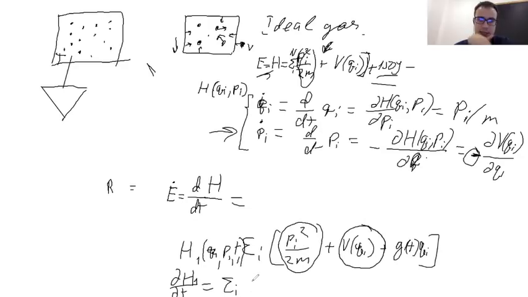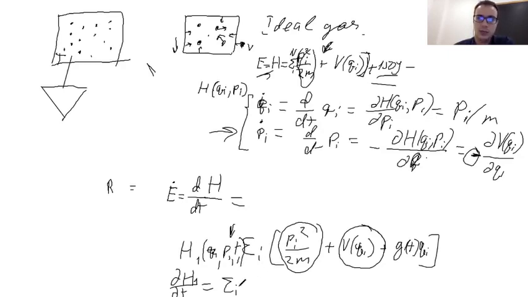Exactly. p_i we consider as a variable, and that's what is indicated by the partial derivative. In itself it is dependent on time, but in this notation I emphasize that we consider it as a variable of this Hamiltonian.